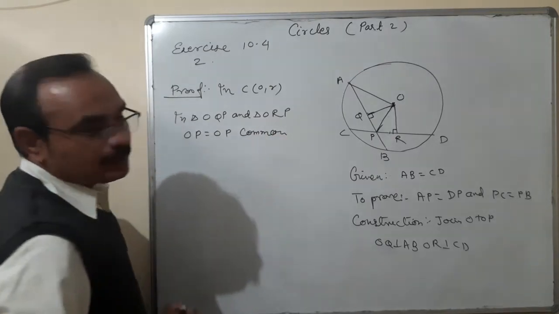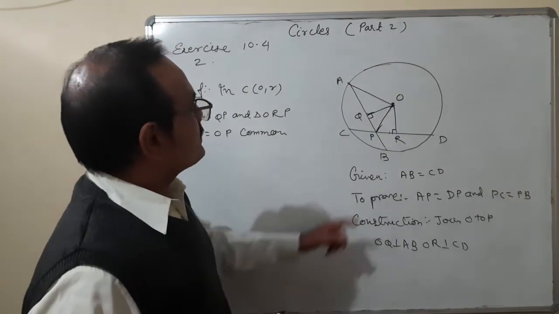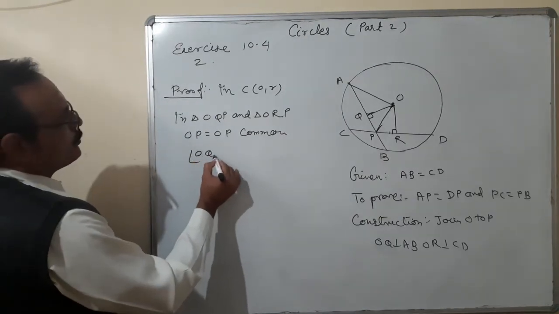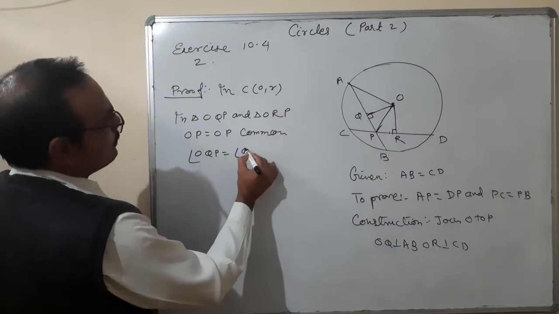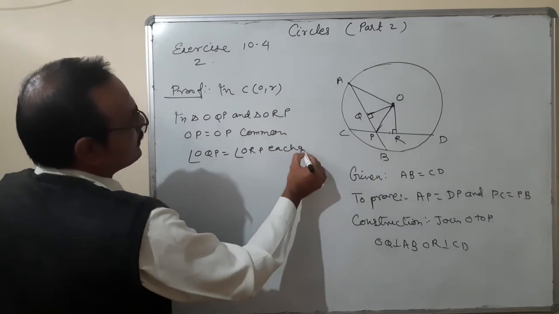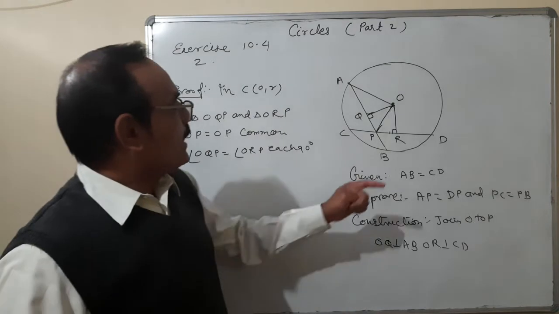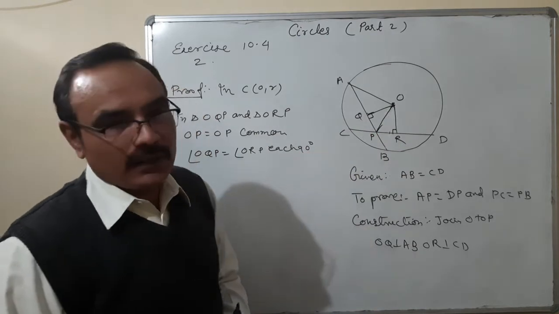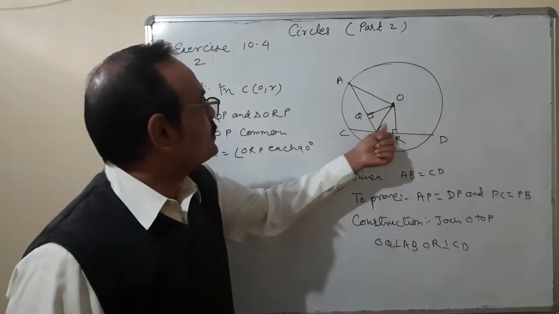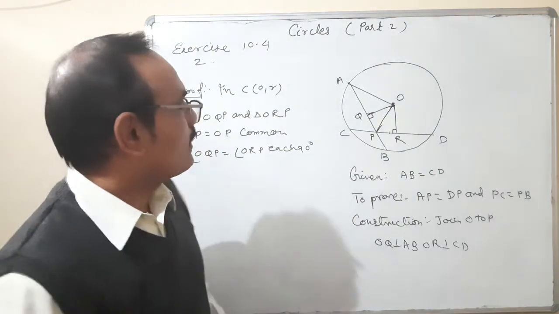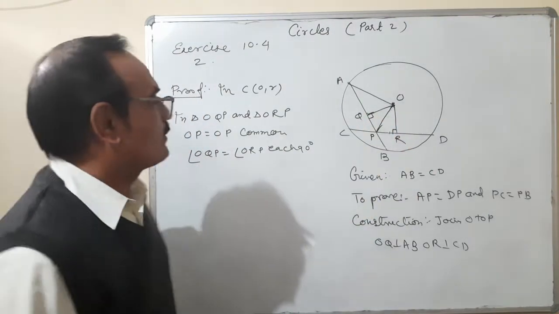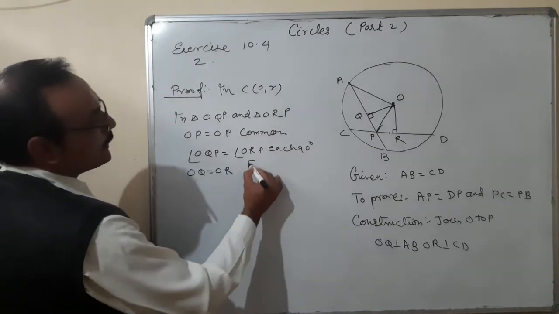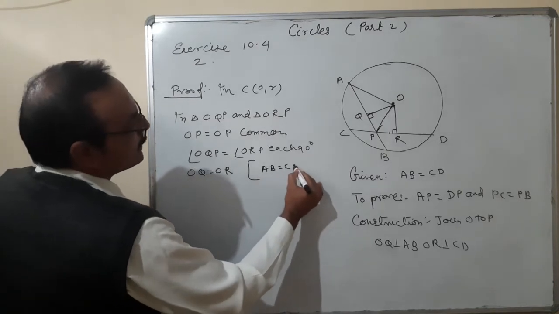Second, angle OQP is equal to angle ORP, each 90 degrees. And third, OQ is equal to OR. Let me tell you how. OQ is equal to OR because AB is equal to CD, it is given.